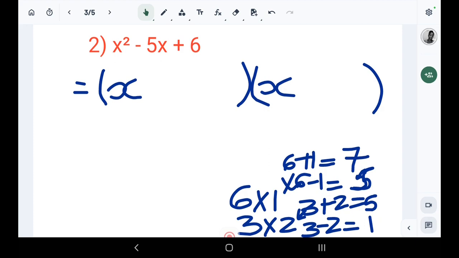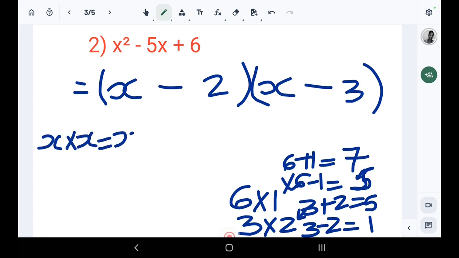So what are the two numbers that, when added together, give us 5? It's 3 and 2. So we'll write 3 and 2 and put negative signs in the middle. Why? Let's check. When we add them together, they will give us a negative 5. But when you multiply them together, they'll give us positive 6. Let's check. x times x is x squared, so that checks out.